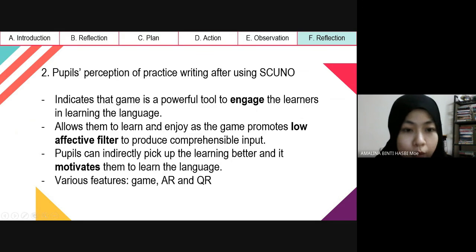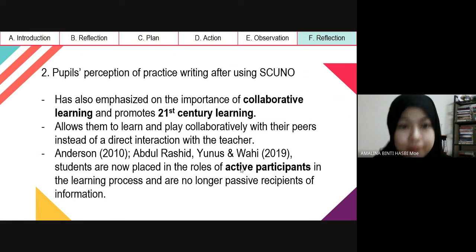Why do we say so? Because Scuno has various features. For example, it is a game itself and it is enriched with the features of AR and QR, which works as the offline dictionary.